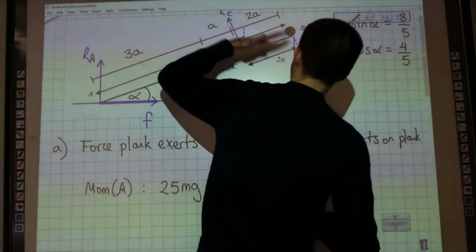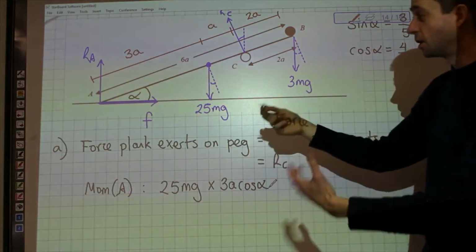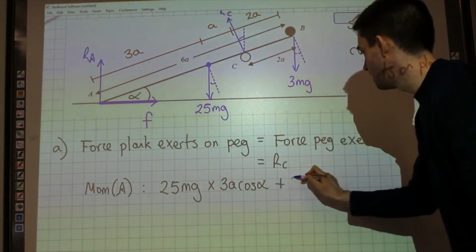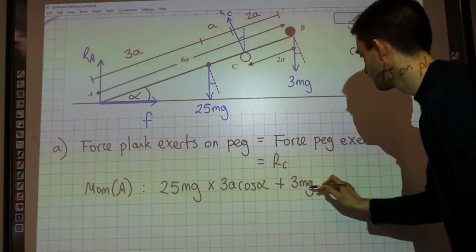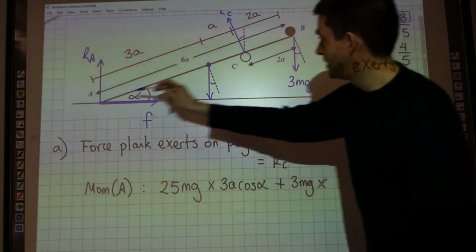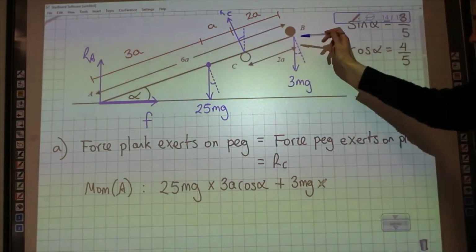Similarly, going around, I have another force here, 3 mg, which is going to make the rod want to go clockwise about A. So I have 3 mg multiplied by, now this one is 6a cos alpha, because the hypotenuse of that is the whole 6a.